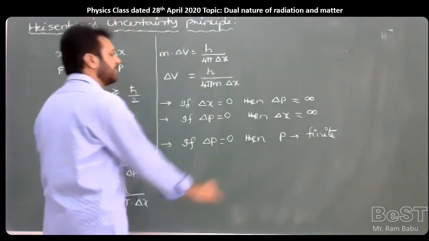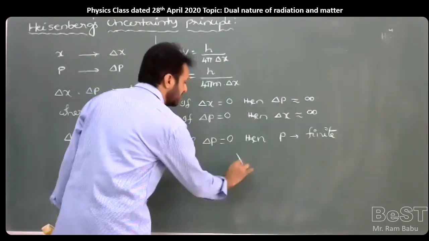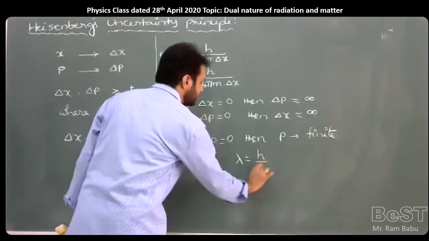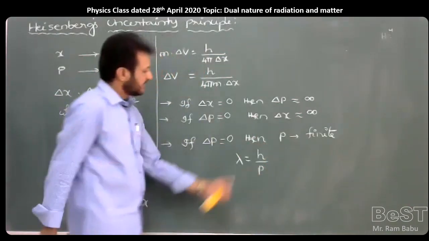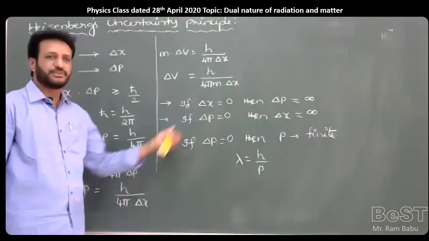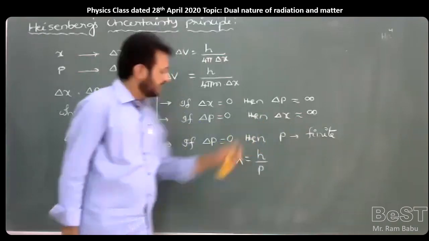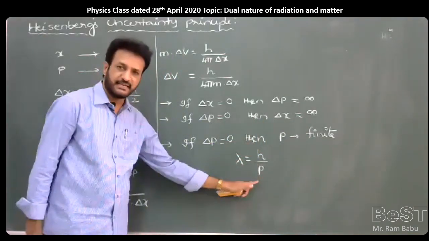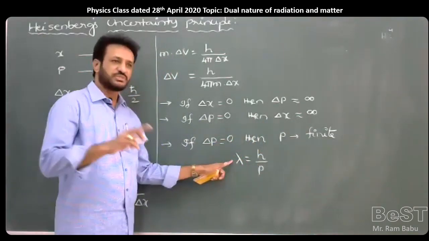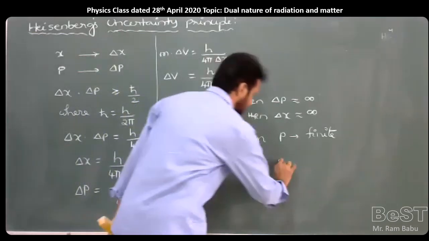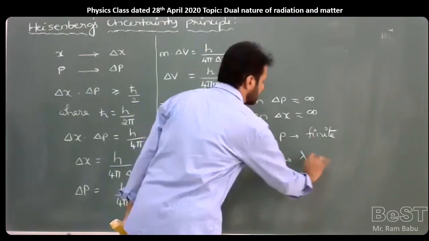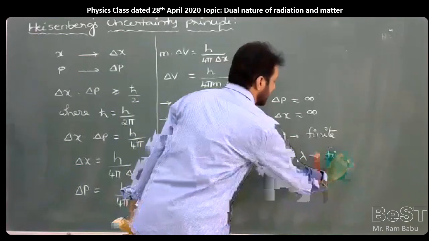But from the de Broglie equation, lambda is equal to h by p. Here I already calculated momentum without error, so p is accurate and a finite value. Then from this formula, when p is finite, lambda is also a finite value, calculated accurately.